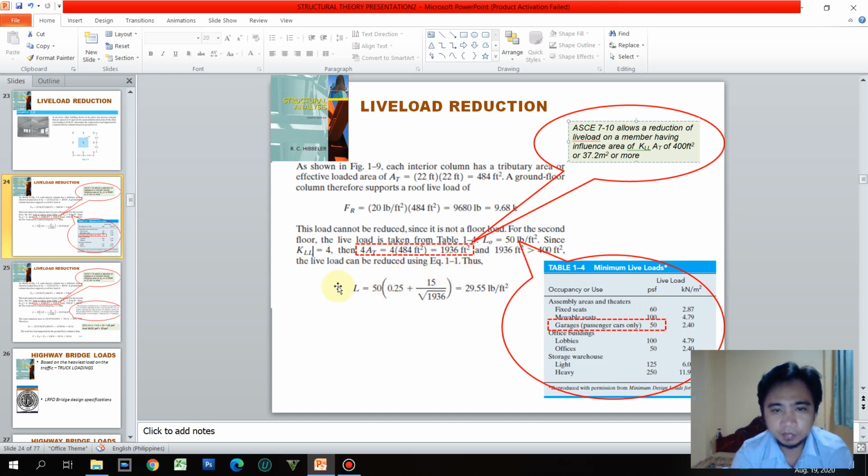So applying now the equation: 50 times 0.25 plus 15 over the square root of 1936, this is KLL AT, or the influence area.